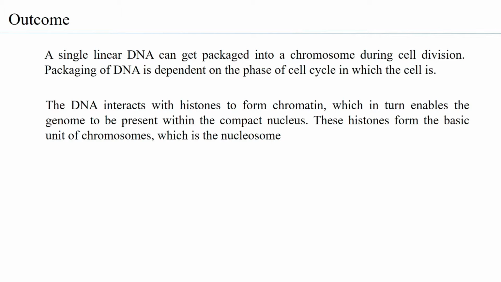So the basic understanding is that DNA is never present in the naked form. To be present in the nucleus itself, it has to get into a certain level of compaction, and so the least condensed form of the DNA is the chromatin, and it can exist in the small space of the nucleus that is present within a cell.